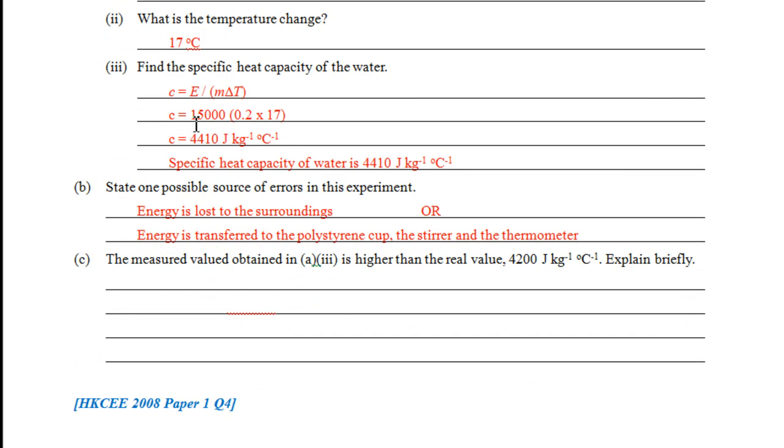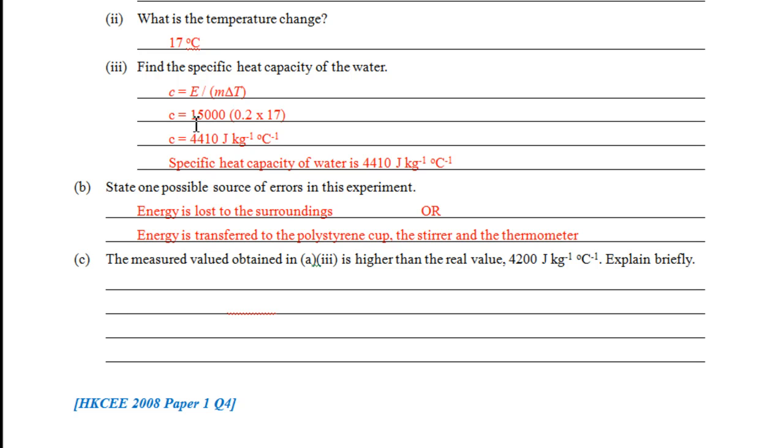Part C, it says the measured value obtained in A3 is higher than the real value. Well, the measured value is 4,410 and the real value is 4,200. So the measured value is a bit higher. Then the question asks us, why?